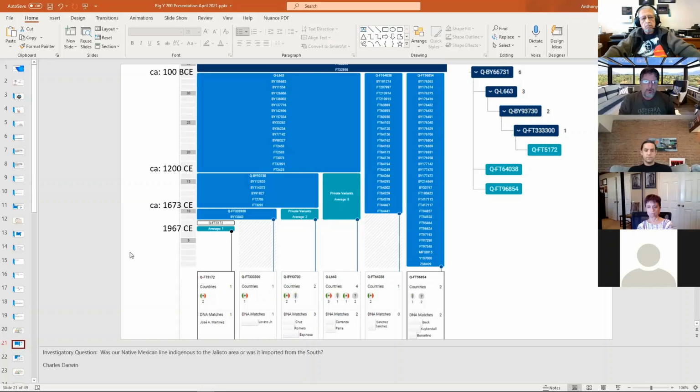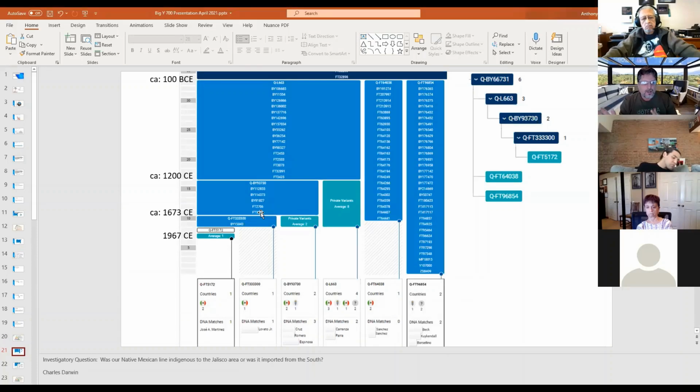I know that Nicolas de Espinosa, represented by this mutation within this block of equivalents, was born maybe 100 miles northeast of Guadalajara in 1673. And so my question is, is he Chichimeca?